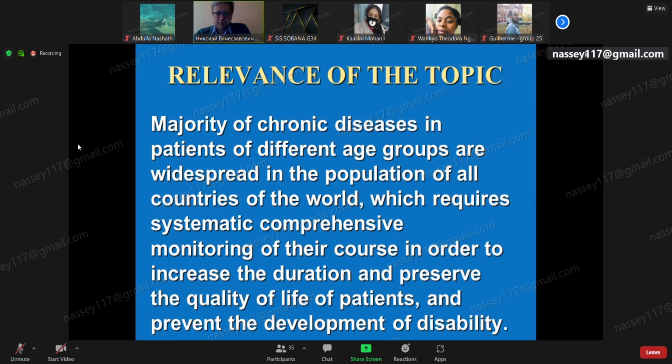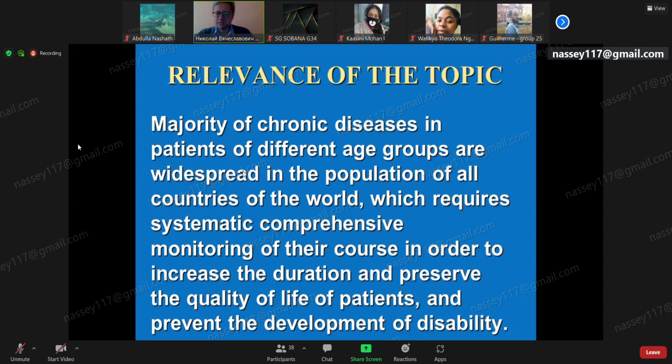What about the relevance of the topic? The majority of chronic diseases in different age groups are widespread in the population of all countries of the world, especially cardiovascular diseases, oncological diseases, and diseases of the respiratory system.